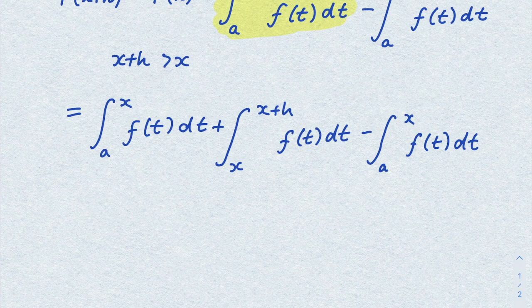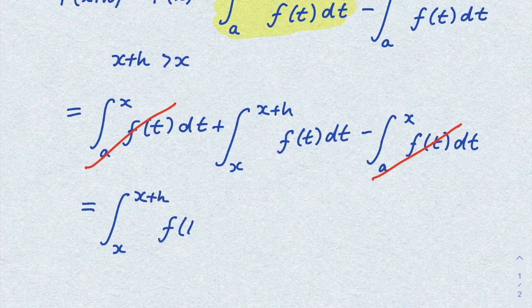So now you can see that these two integrals will cancel each other out, and we're left with the integral from x to x plus h of f of t with respect to t.